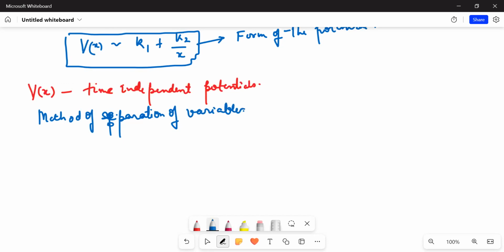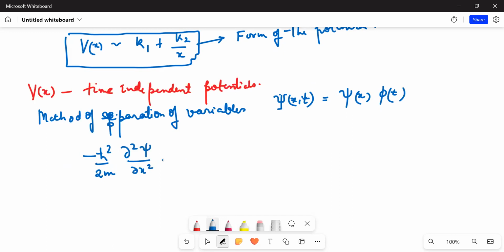So what we do, instead of psi, I'm just making a capital psi. So psi as a function of x and t, we write in the form of completely a function of x and completely a function of t. And when we place this in our Schrodinger equation, we get two separate equations. One equation is like this: minus ħ square upon twice m, del square psi upon del x square, plus v psi is equal to E psi.